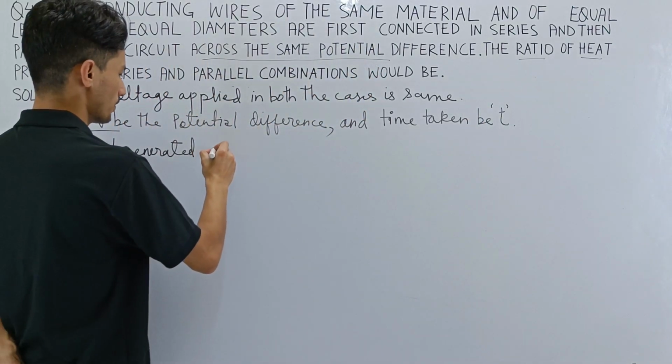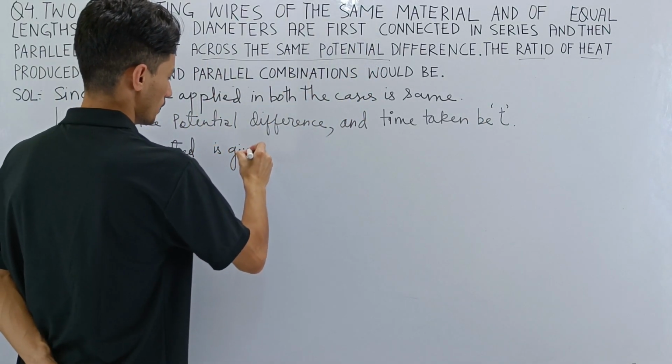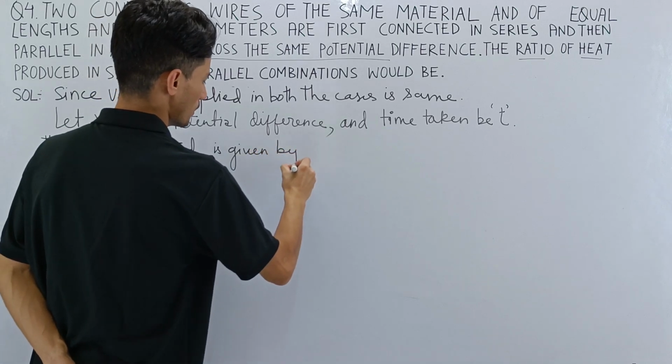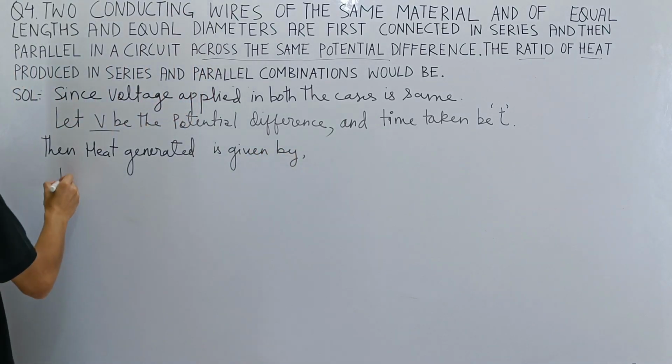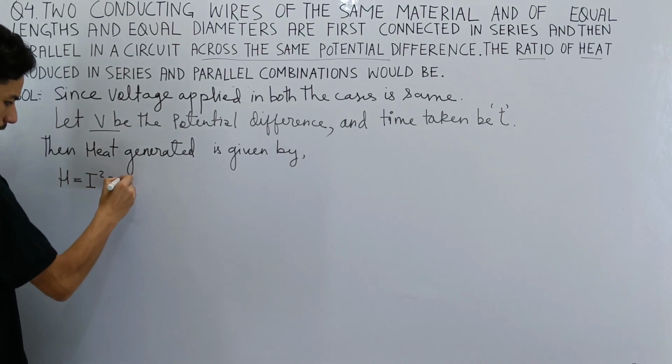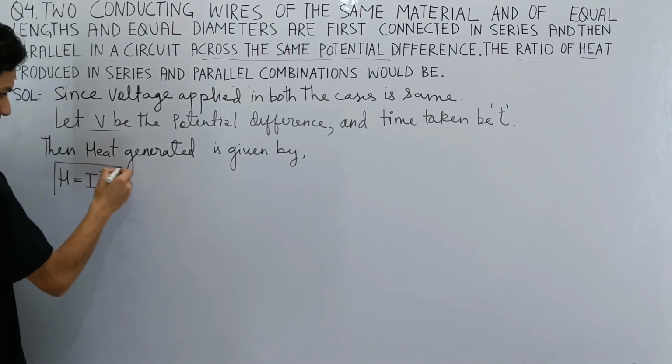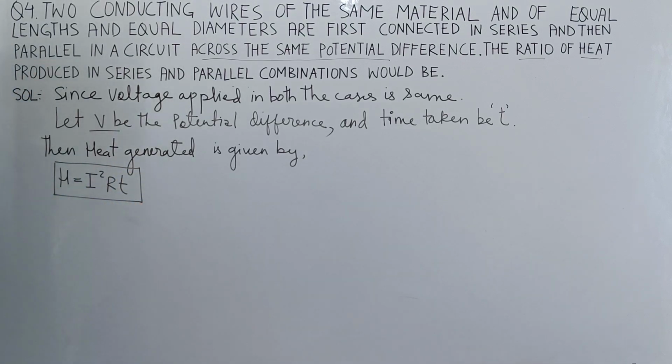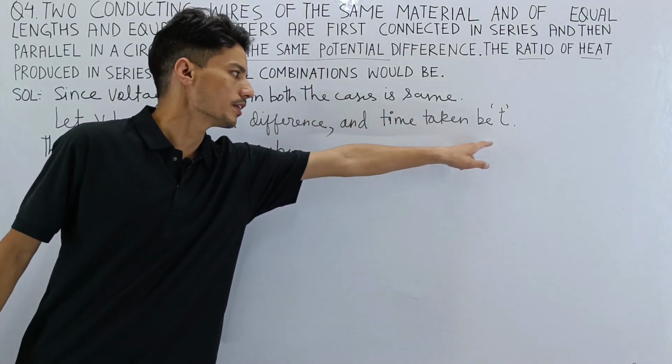Then heat generated is given by the formula of heat, H is equal to I square R T. This is the formula of heat. Now let's calculate the heat. So H is equal to I square. Resistance we have, for this question the resistance is R. Time will be T. We have just declared that time will be T.